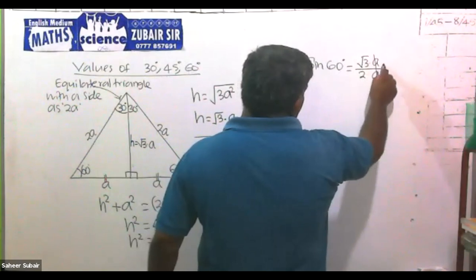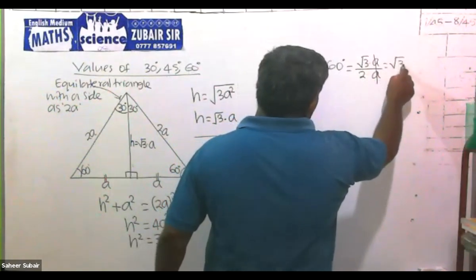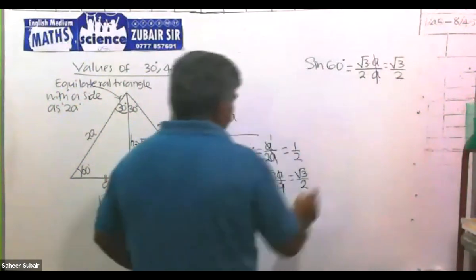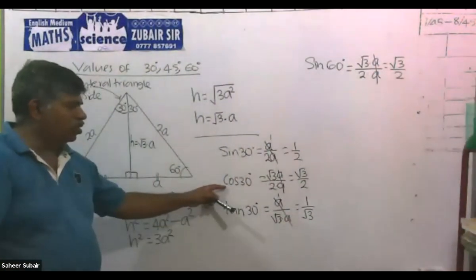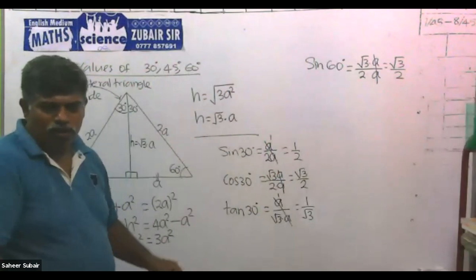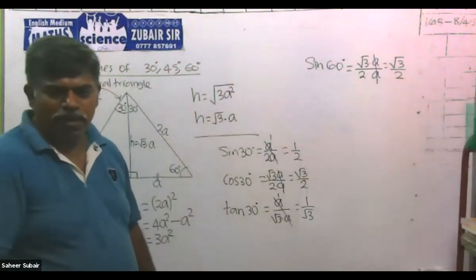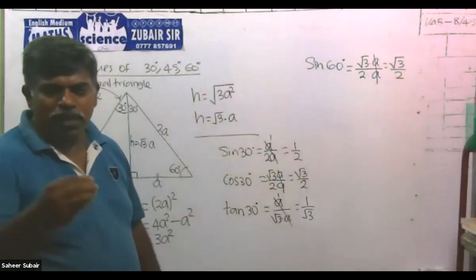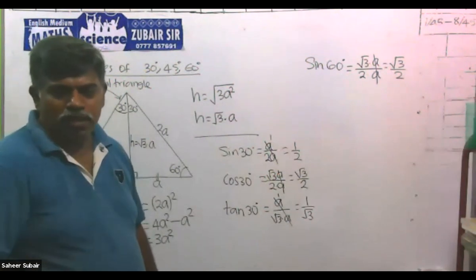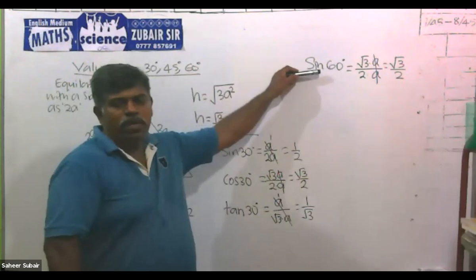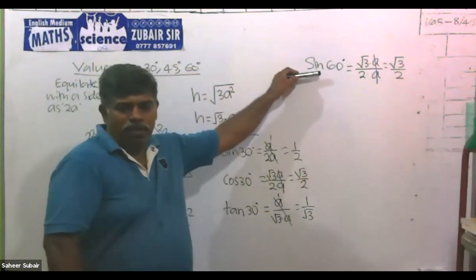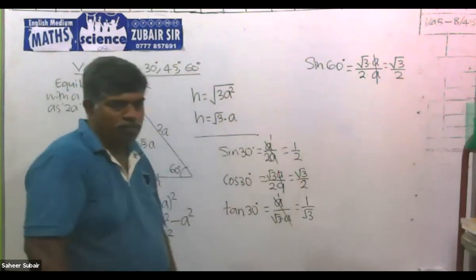Then A and A get cancelled, then root 3 over 2. So sine 60 is root 3 over 2. See, it is equal to cos 30. Earlier I told you, if you say something in sine, 90 minus that value in the cos gives the same value. So sine 60, 90 minus 60 means 30, then cos 30 also has the same value.